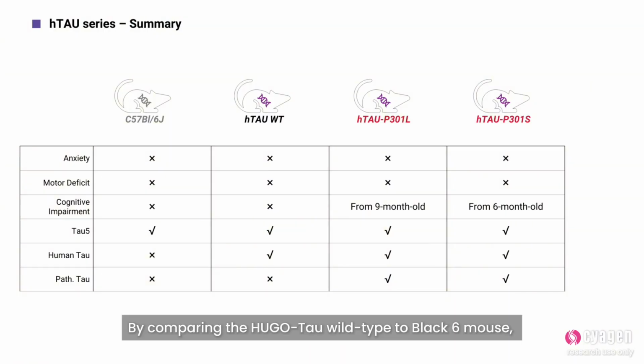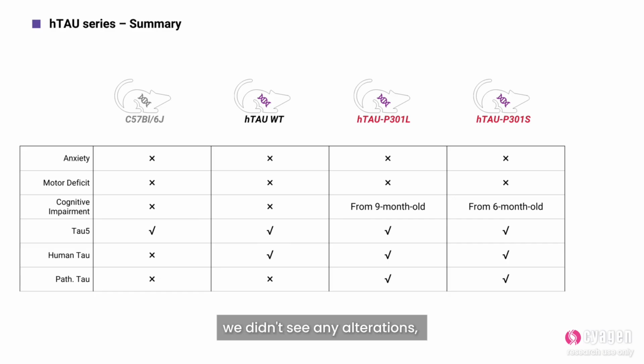Sometimes it's unfortunate, it's unwanted, it happens. But not this time. Luckily, by comparing the HUGO-Tau wild type to black 6 mouse, we didn't see any alterations, not in cognition, not in general behavior, not in motor function. Wow, this time it worked.